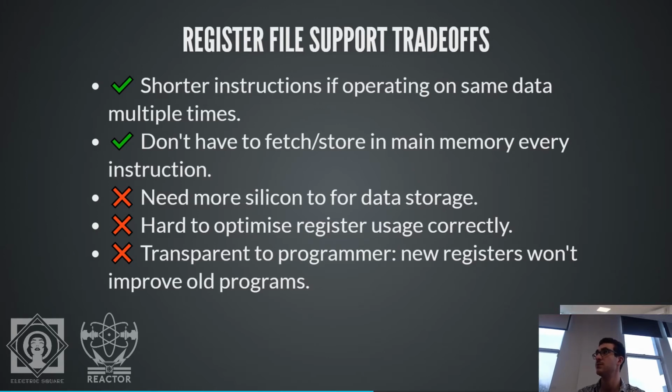This is good because we can have shorter instructions if you run on the same data multiple times. Instead of having to say, do work on address XXXXXXXX and have every instruction refer to that memory address each time, we could just have one instruction which reads that data, then have short instructions which just say, now it's in register 1, we're going to do this instruction on register 1 loads of times, and then finally write it back. And also we don't have to fetch/store in main memory every instruction.